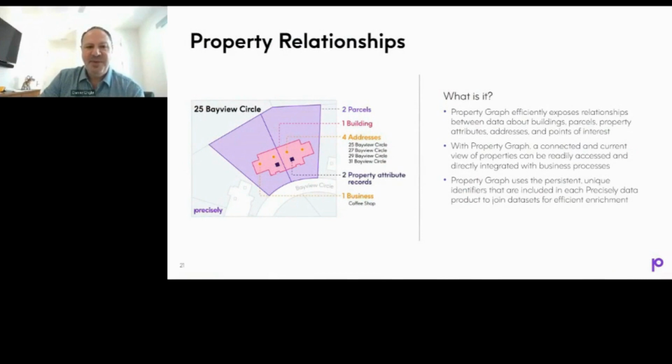What we do to accomplish this is we've got that unique identifier, the precise ID, that connects that address to all the attributes: the building, the parcel, the ownership information, the firmographic information, the demographic information. The value in that unique identifier is that it allows a carrier to overlay this information, and the connections are already built.